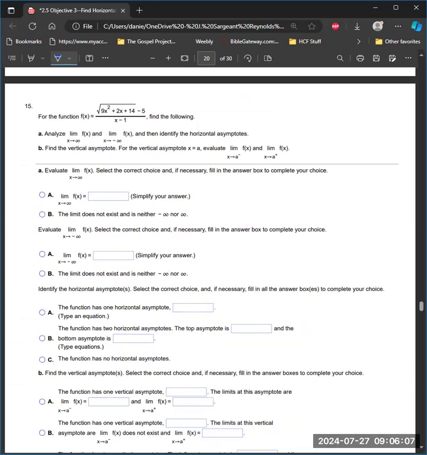Moving on to number 15 here. As I go to the right, it's going to give me 3 minus 0 over 1 minus 0.